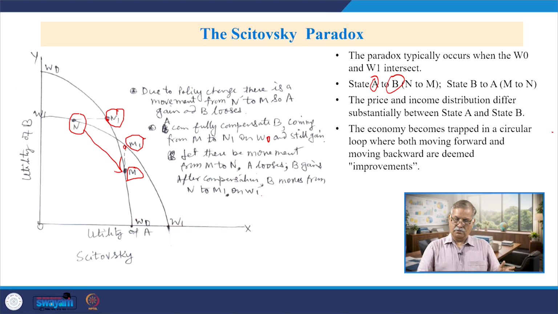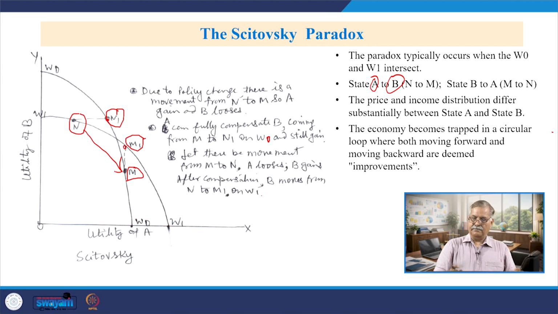The economy becomes trapped in a circular loop where both moving forward and moving backward are deemed improvements. So that cannot be possible, because moving backward or moving forward does not mean that welfare will increase both ways. But the Hicks and Kaldor criteria stated it.